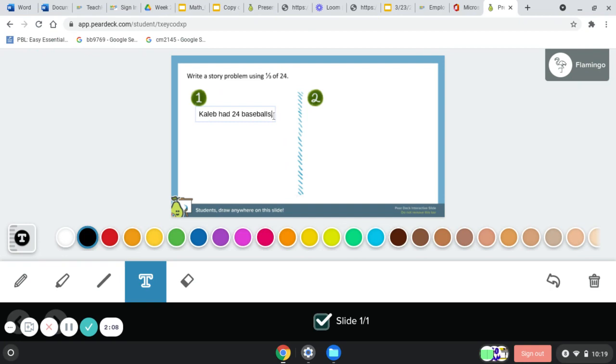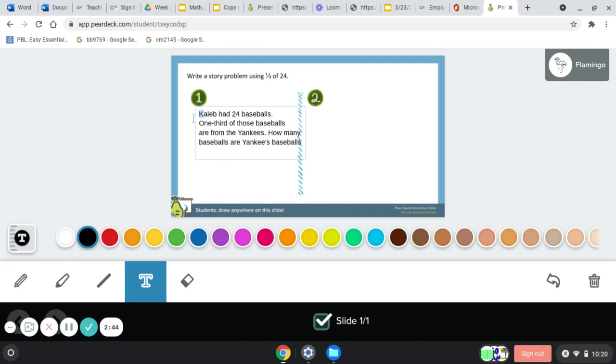So now I'll continue. 1/3 of those baseballs are from the Yankees. How many baseballs are Yankees baseballs?